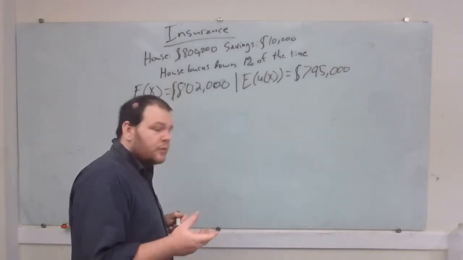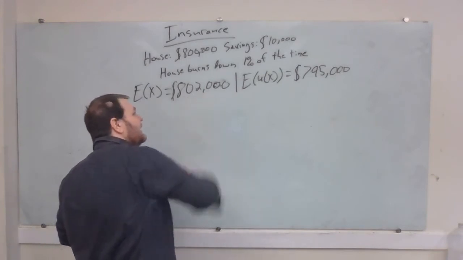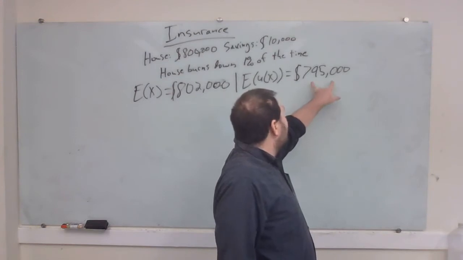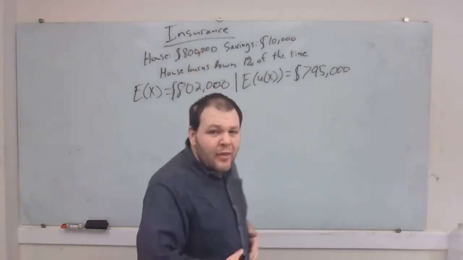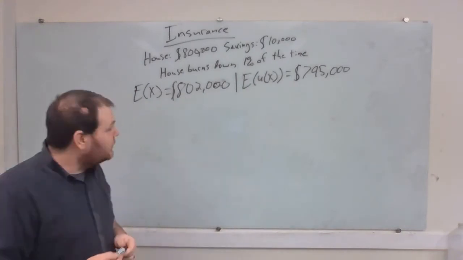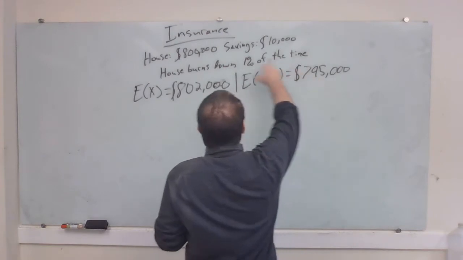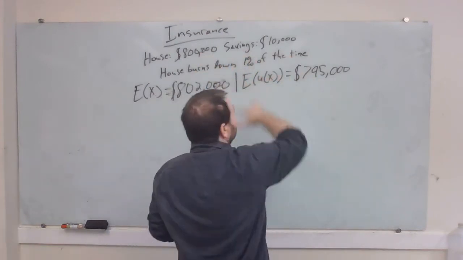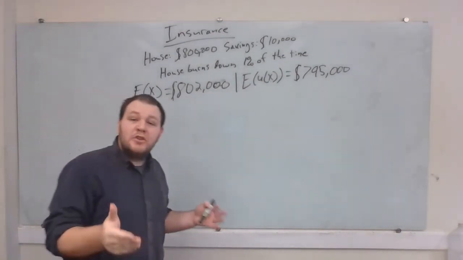So what this means is that the average value of my assets is a lot higher than the value of this risky situation to me. In other words, if I was willing to pay, say, $10,000 in order to have the risk of my house burning down taken away completely, I would be happy to do that.